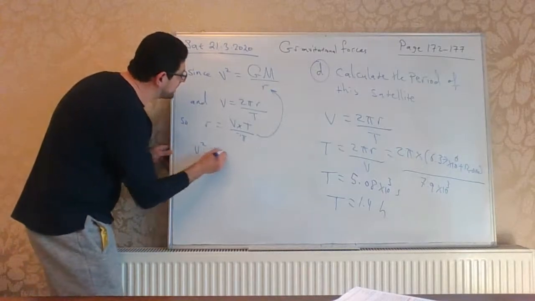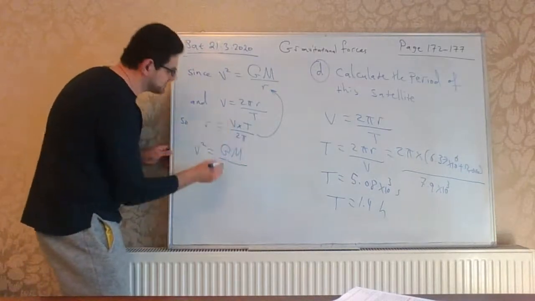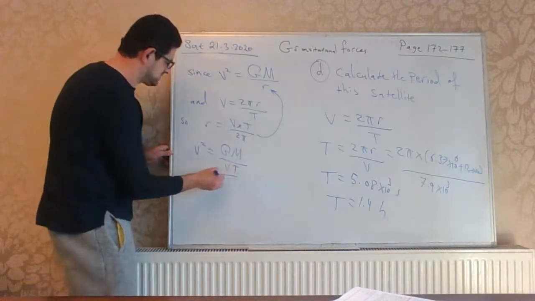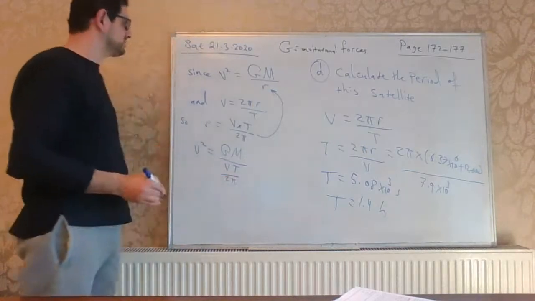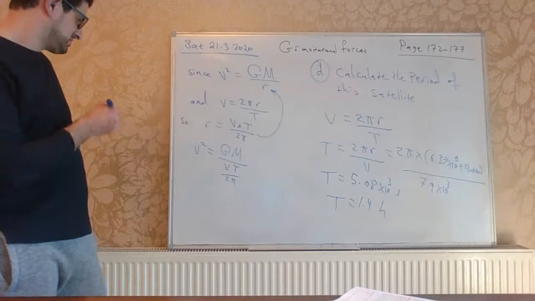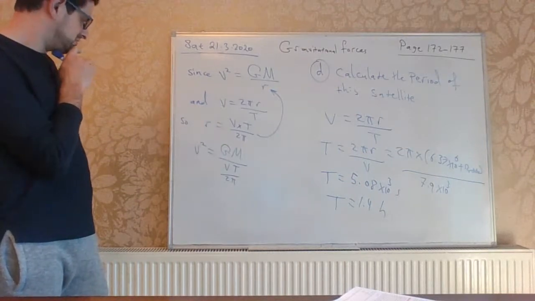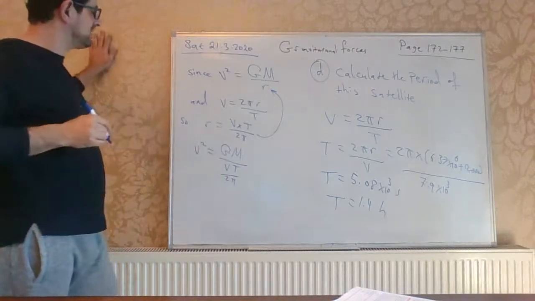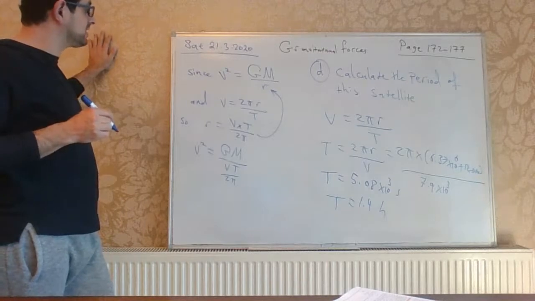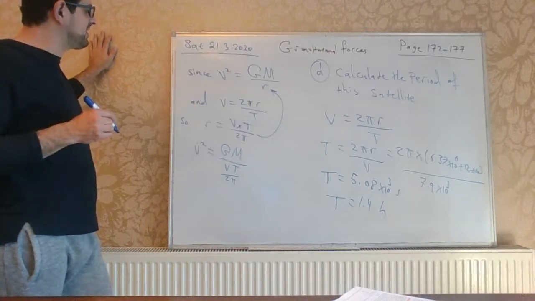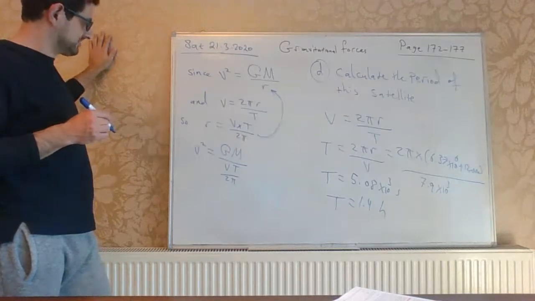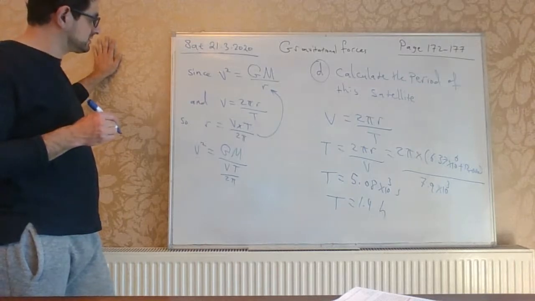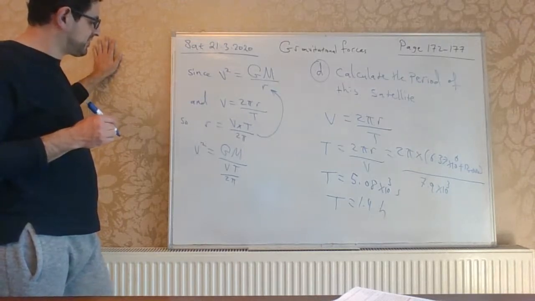Then V squared equals Gm over, instead of R, VT over 2 pi.